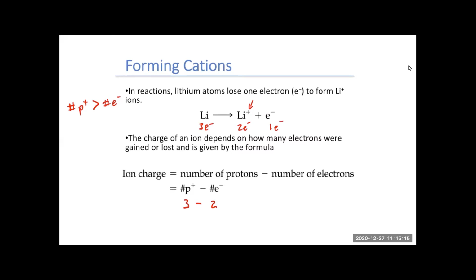So 3 minus 2 gives us a +1. We can figure out the ion charge for any ion this way. Just look at the number of protons and subtract out the number of electrons. Every metal on the periodic table tends to form cations in this exact same way.